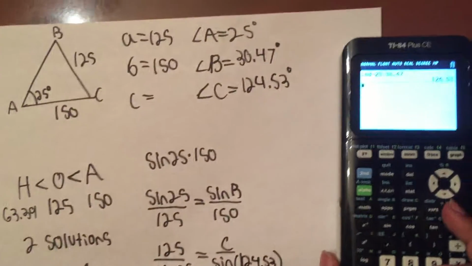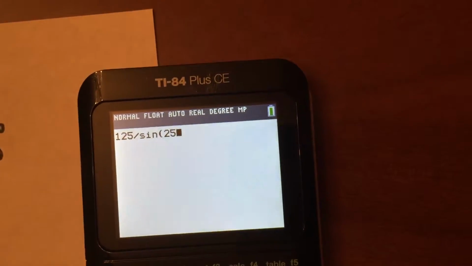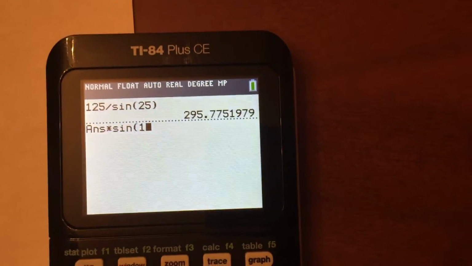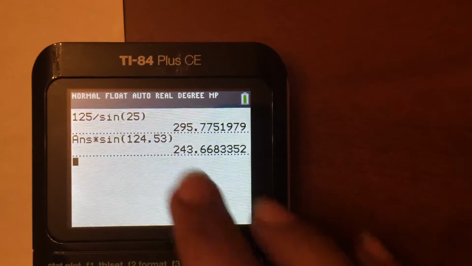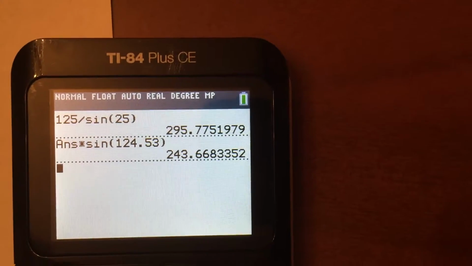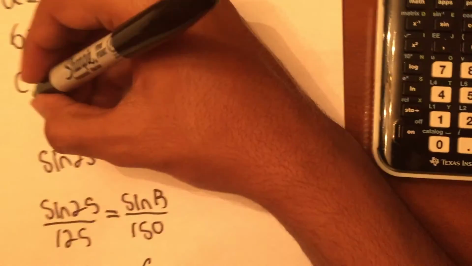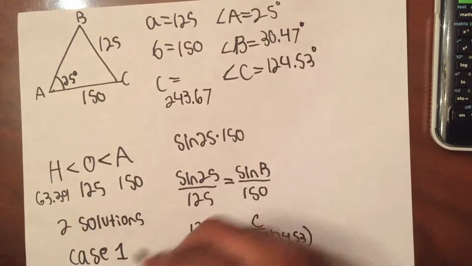So you do it the same as before: 125 divided by sine 25 times sine 124.53. 243.67 should be your answer for side C. And that should be for case 1.